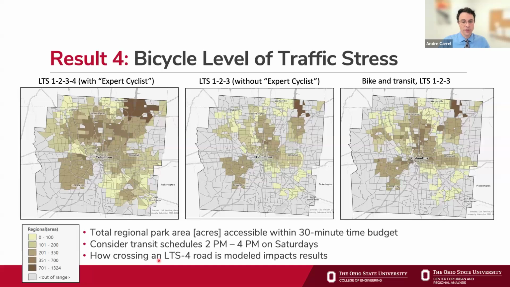Now, one thing that we've learned here, and this is sort of a larger discussion, is how crossing one of those LTS 4 roads is modeled, so not biking on it, but actually crossing it, really does impact the results, right? If we're not allowing people to bike on it, and we're also not allowing them to cross that kind of road, that will have an impact on the results.